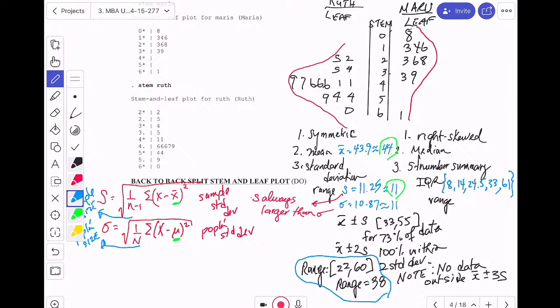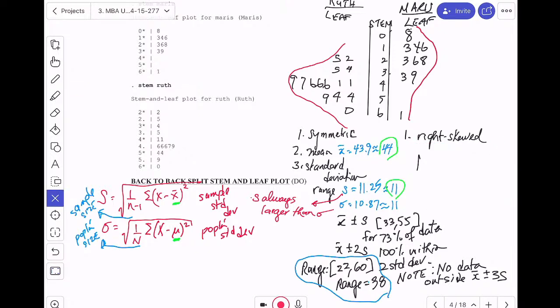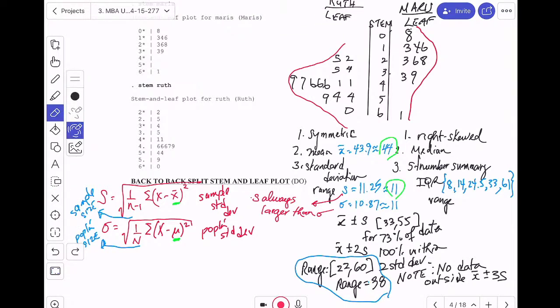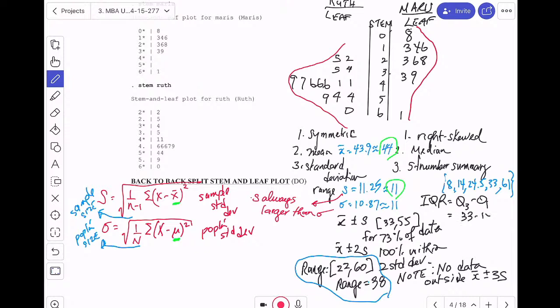That's a 5-number summary. The IQR is 19.